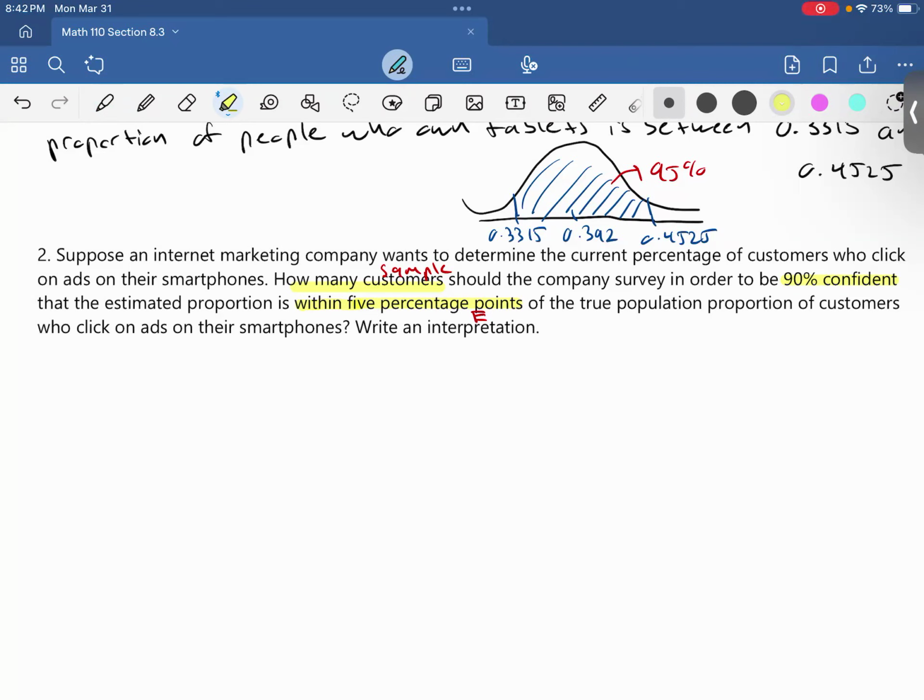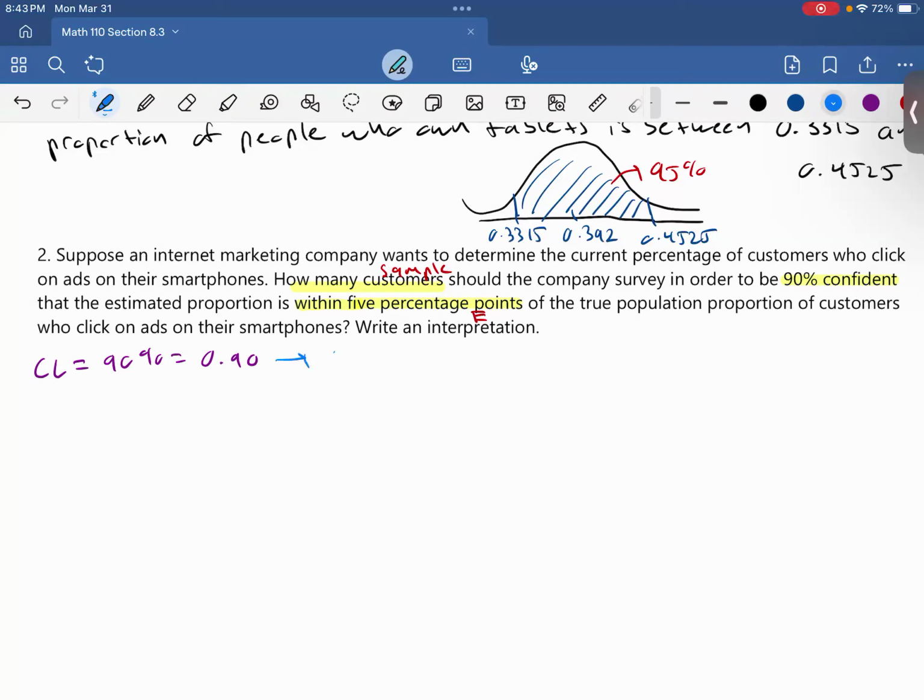Okay, so let's go ahead and pick out what this question has given us. We have to find a sample size, but so far we have the confidence level given to us, 90%, which is 0.9. And we know previously what a critical value is for a 90% confidence level.